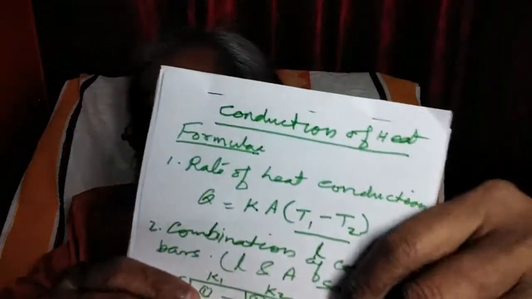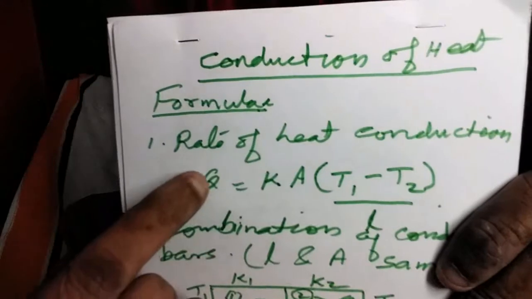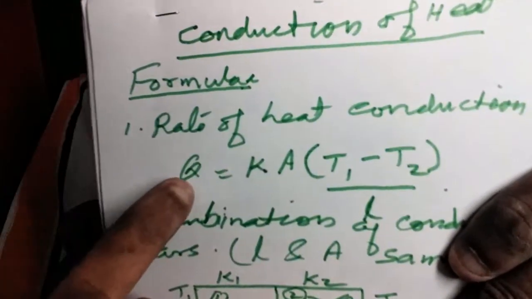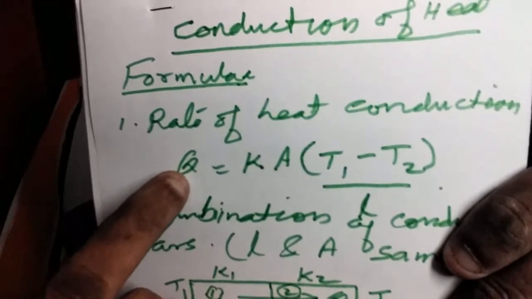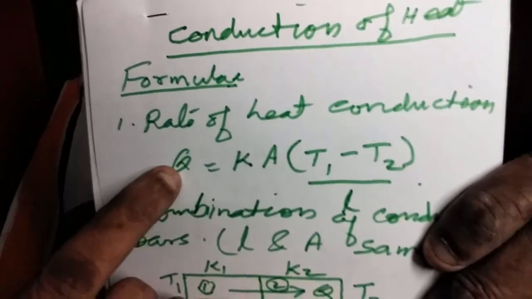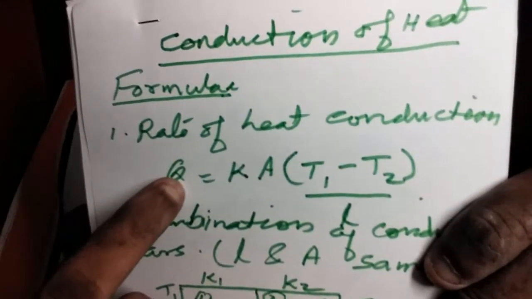Now, the basic formula for conduction is the amount of heat conducted in 1 second, or rate of conduction of heat, Q. Q is the amount of heat conducted in 1 second.